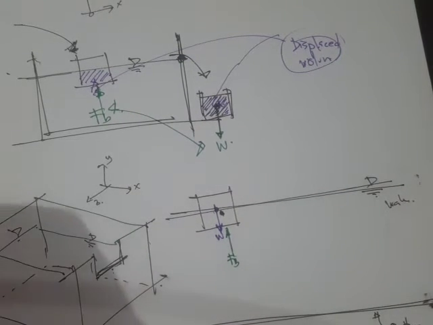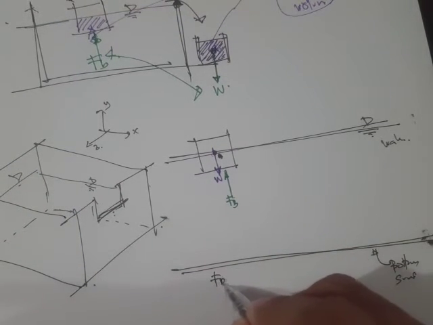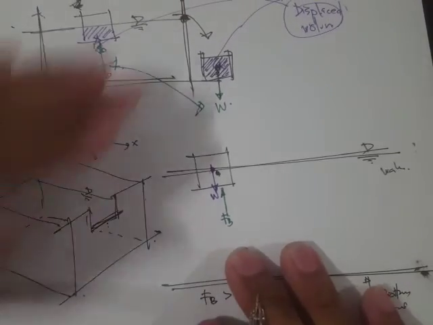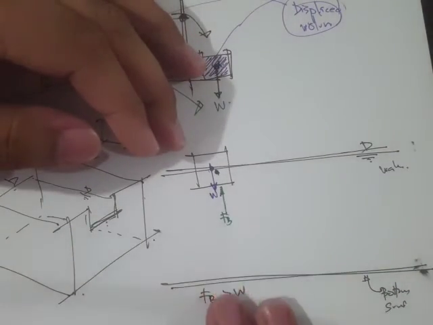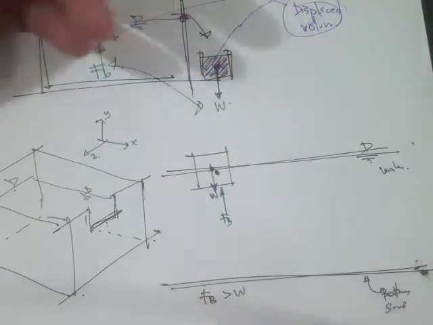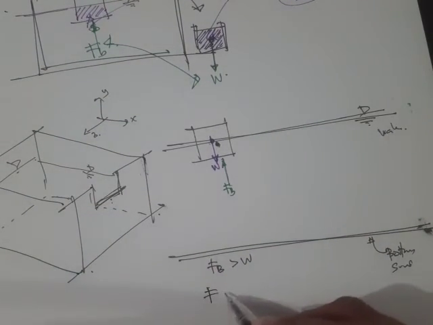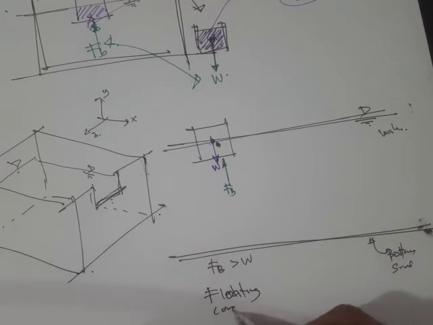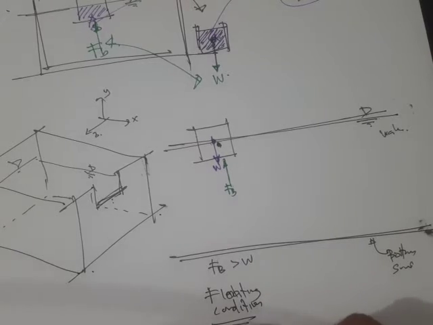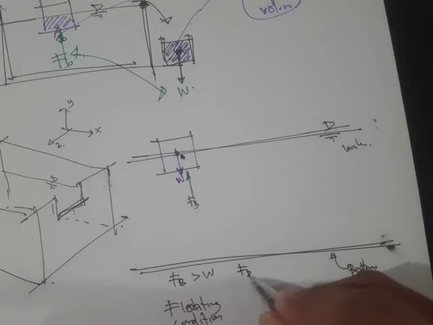If the buoyant force is greater than the weight, it means there's more force acting upward compared to the force acting downward, and then we will have what we call a floating condition. Now, what if our buoyant force F sub B is just equal to the weight?